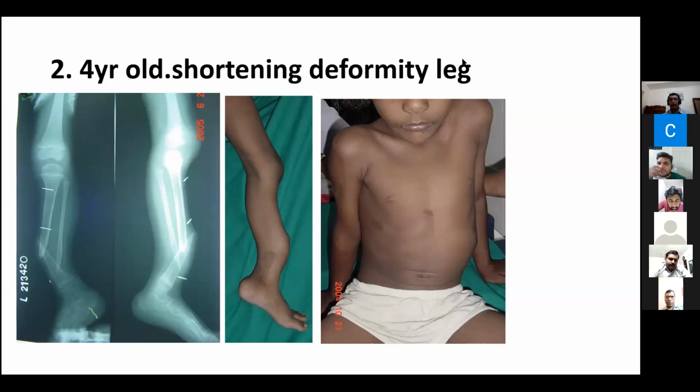Sir, this is a 4-year-old child having a pseudarthrosis of the tibia, showing café-au-lait spots. So what does that suggest? This is a neurocutaneous marker, for the association of neurocutaneous deformity. So it's a congenital pseudarthrosis of the tibia. That's fine.